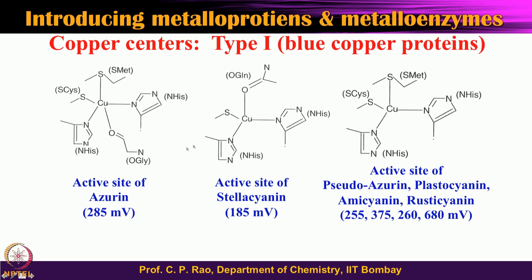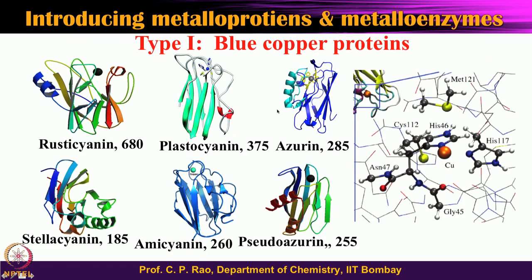Now, as you can see from this slide, you have a few different copper site structures and some more proteins over here. These are all type 1 containing ones. In this protein you have the copper center towards the top, and mostly these proteins are cylindrical in shape.